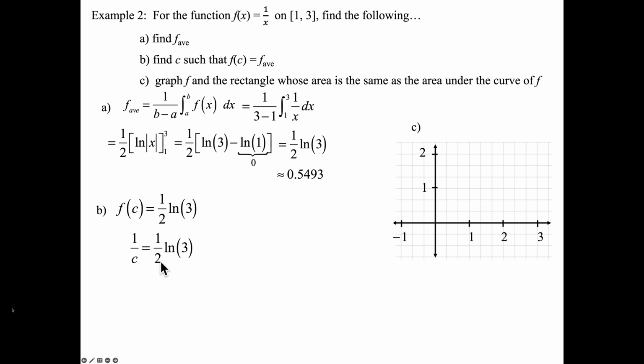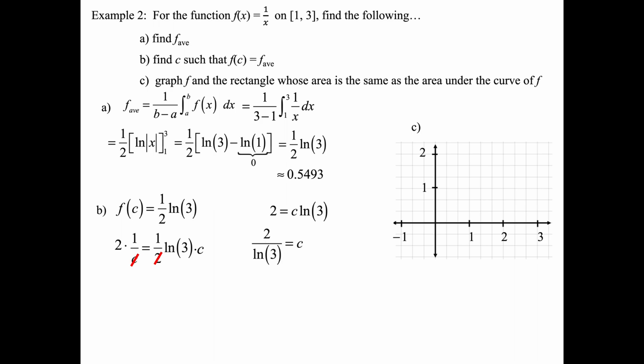Well, I don't like fractions, so I'm going to take this 2, multiply it to the left, take this c, multiply it over to the right, and so 2 equals the natural log of 3 times c, and to solve for c, just divide the natural log of 3 into the 2.